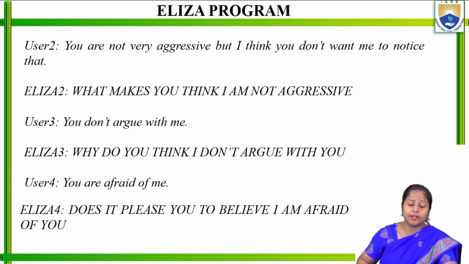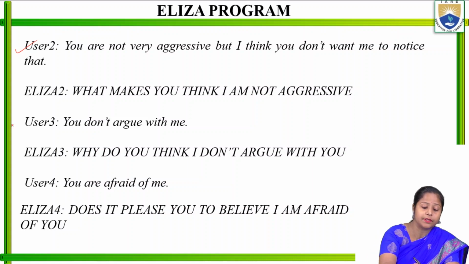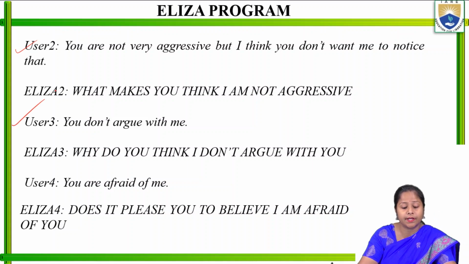The second user said: you are not very aggressive, but I think you don't want me to notice that. ELIZA answered: what makes you think I am not aggressive? These were cross questions that ELIZA gave to users. A third user said: you don't argue with me, and the machine answered: why do you think I don't argue with you?